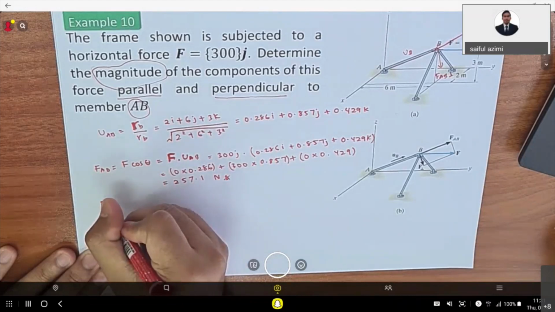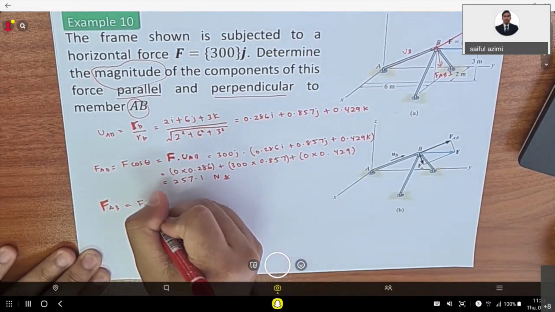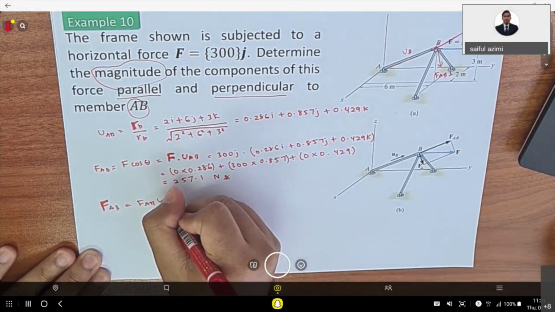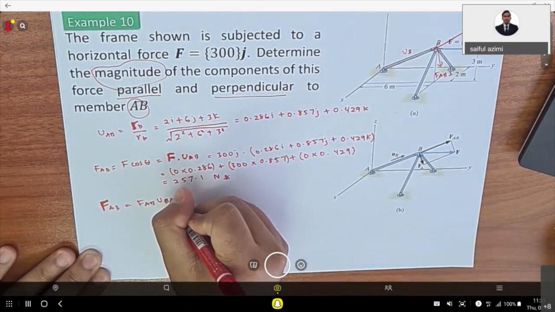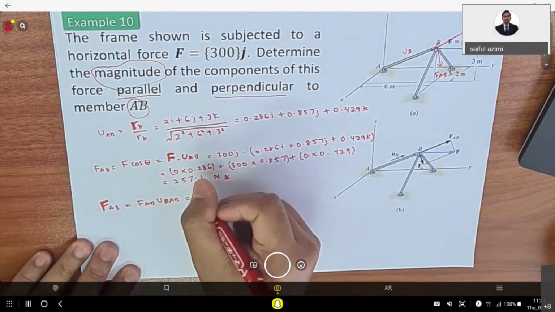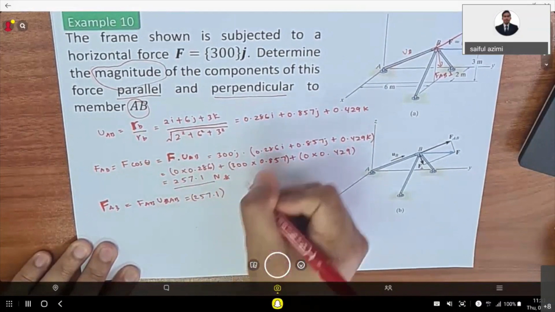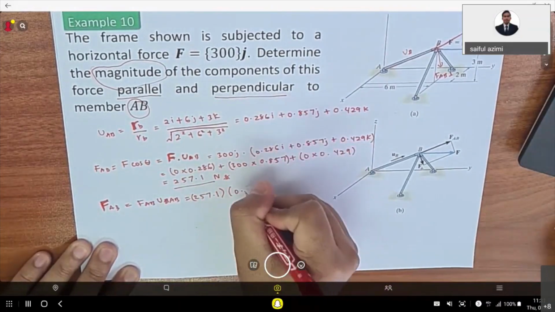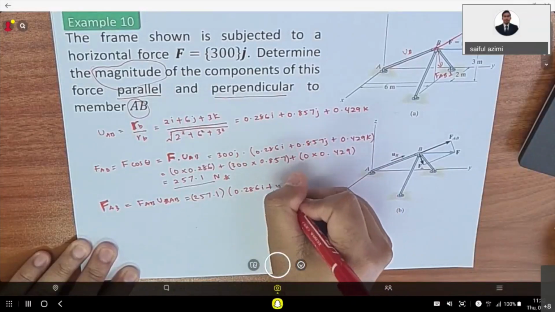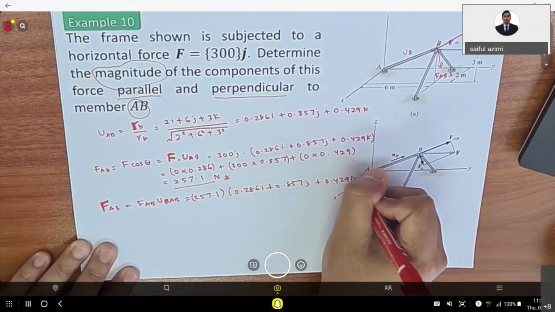Okay, the parallel component equals FAB multiplied by the unit vector of AB. So what you should do is 257.1 multiplied by 0.286i plus 0.857j plus 0.429k.